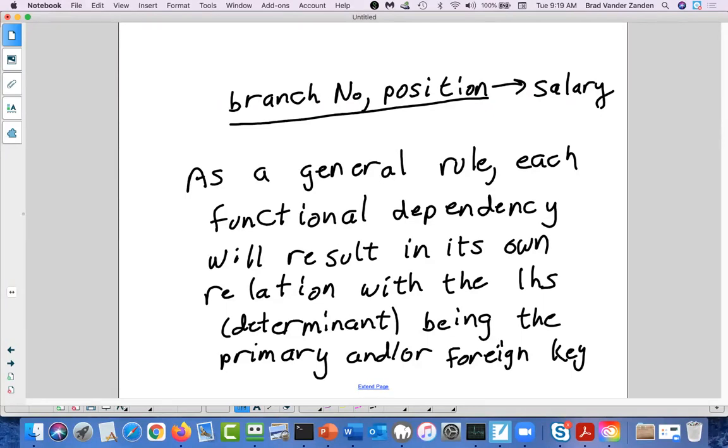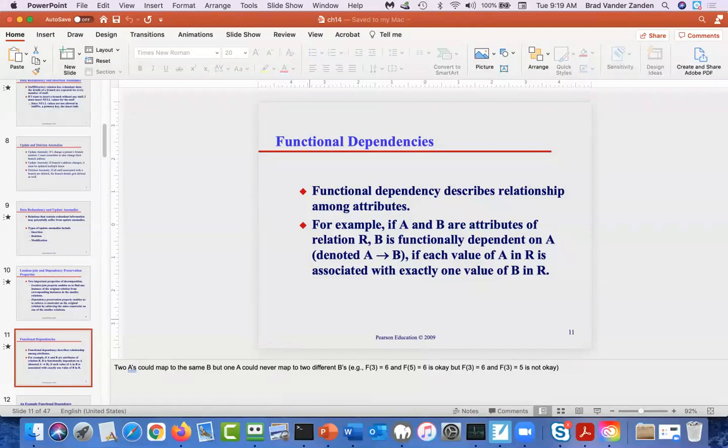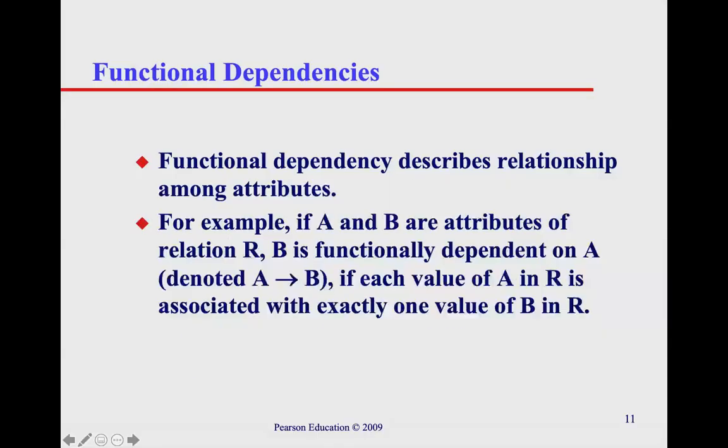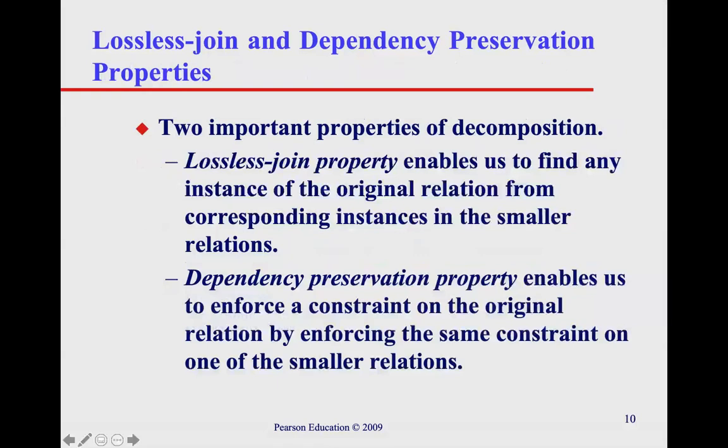So functional dependencies are super important since they're essentially determining the relations. Okay, remember that I said we want to ensure these two properties. So the dependency preservation property is trivially enforced if each set of attributes in a functional dependency end up in their own relation, because that trivially preserves the dependency.